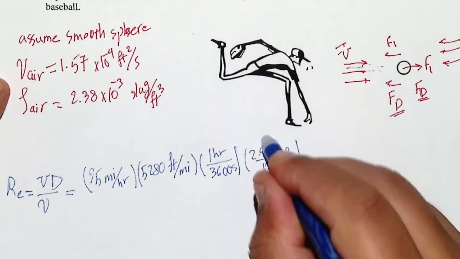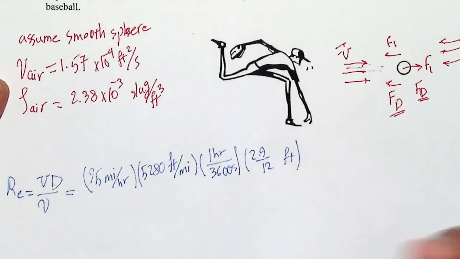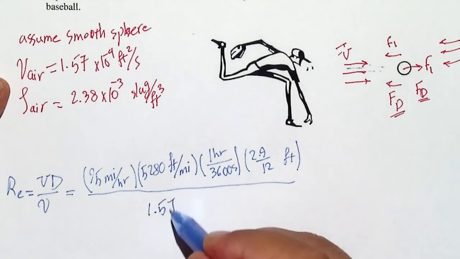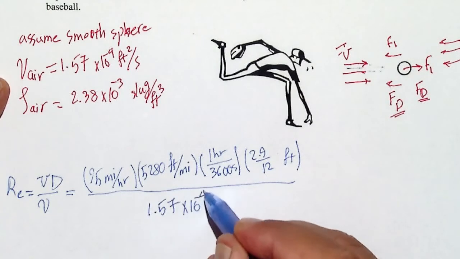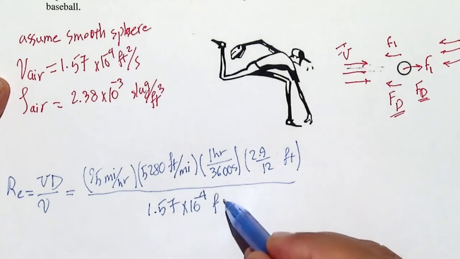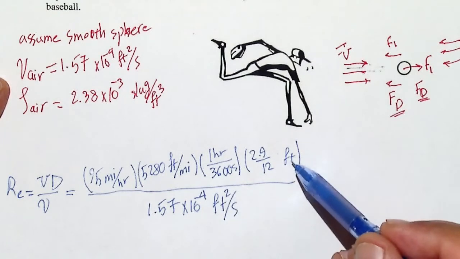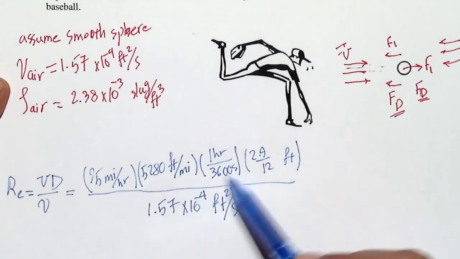We don't need to write that down, but this is only feet, right? And in the denominator, you will have nu, which is given and is 1.57 times 10 to the power of minus 4 feet squared over second, right?